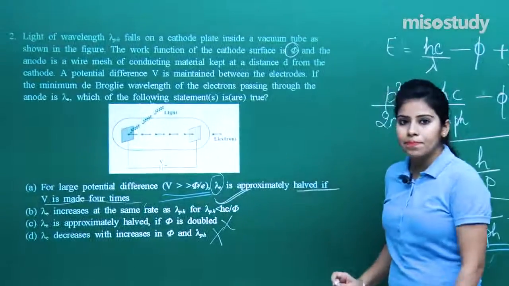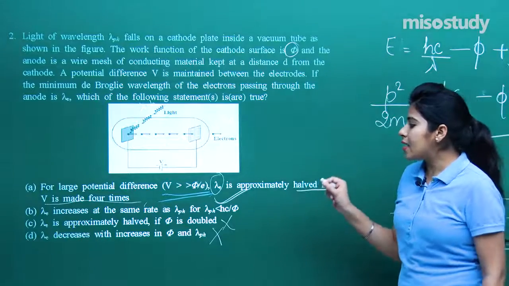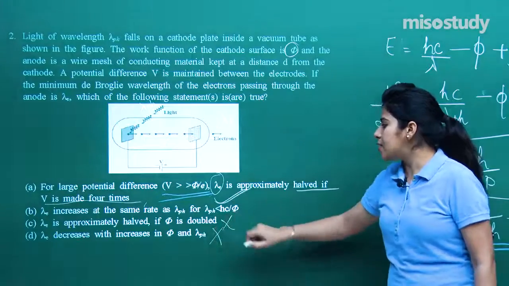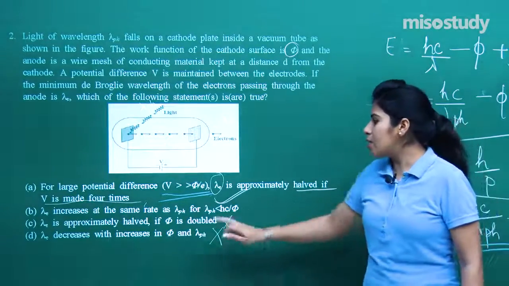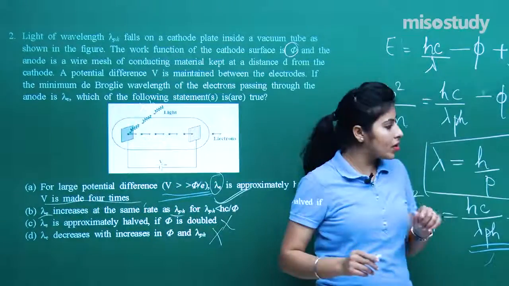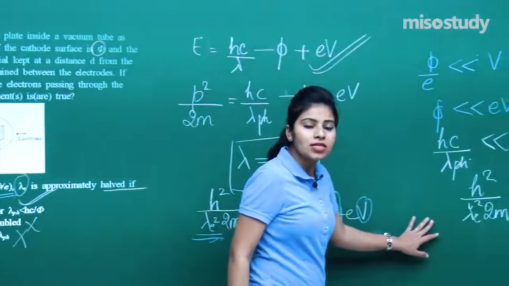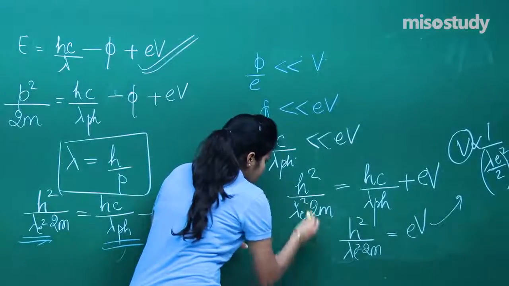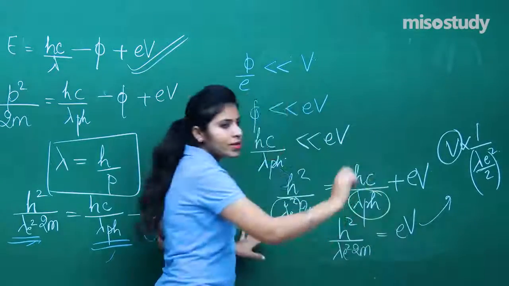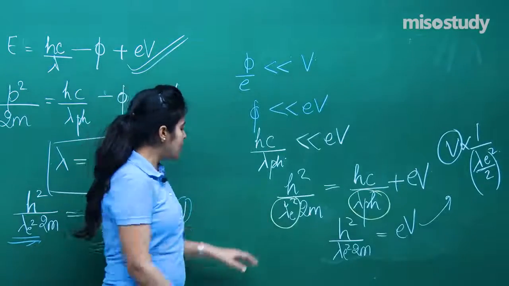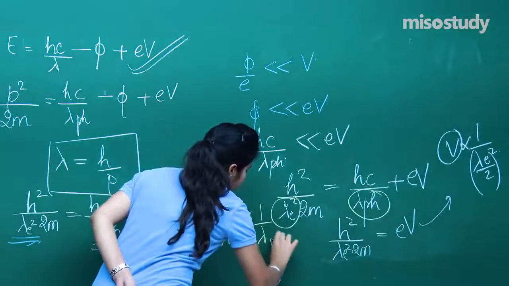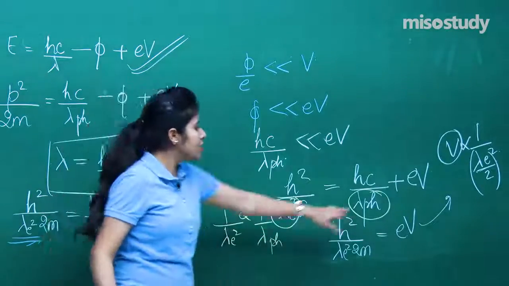Now for option B, lambda E increases at the same rate as lambda pH, for lambda pH less than hc by lambda. Let me see whether they are increasing at the same rate or not. Now you can see in this equation lambda E square, and here lambda pH. You can see 1 by lambda E square, 1 by lambda pH, and also with that eV is added.